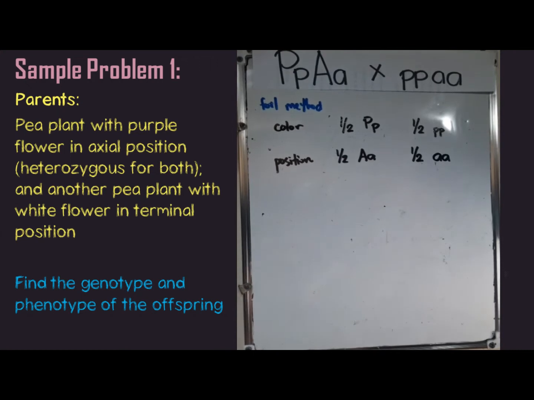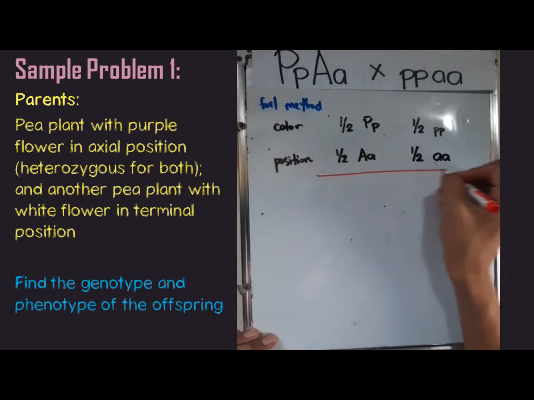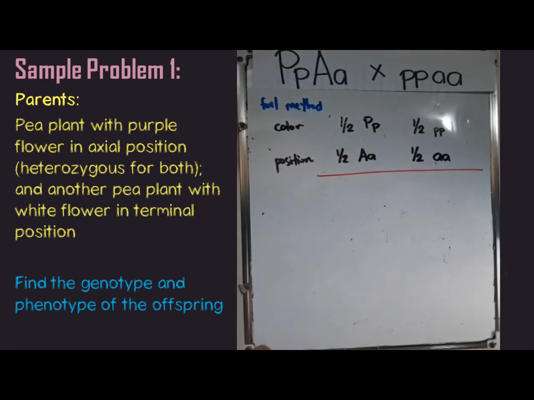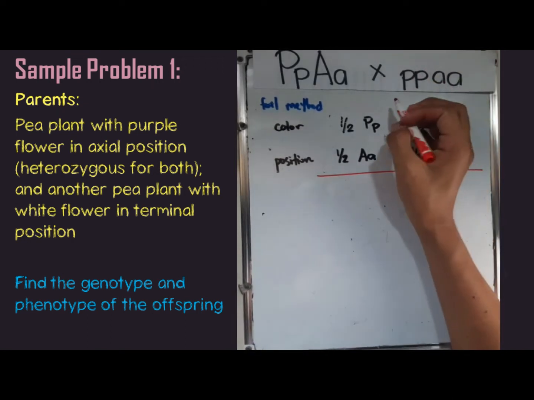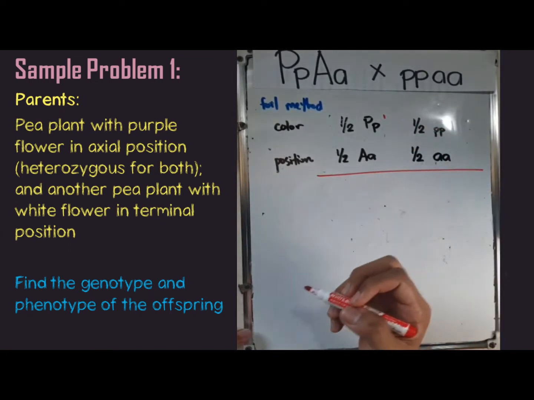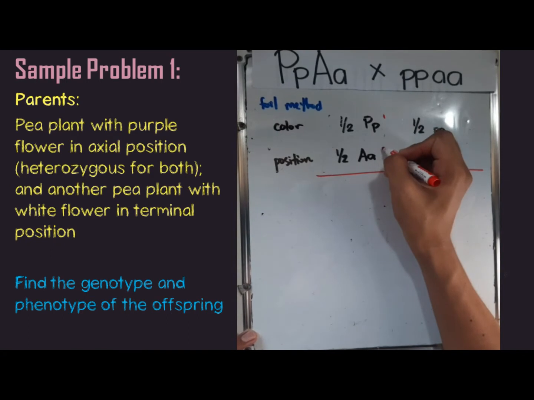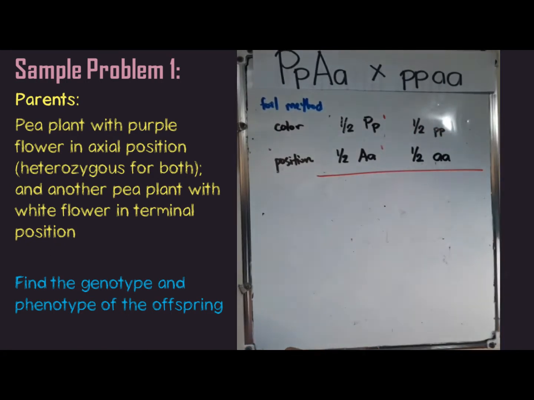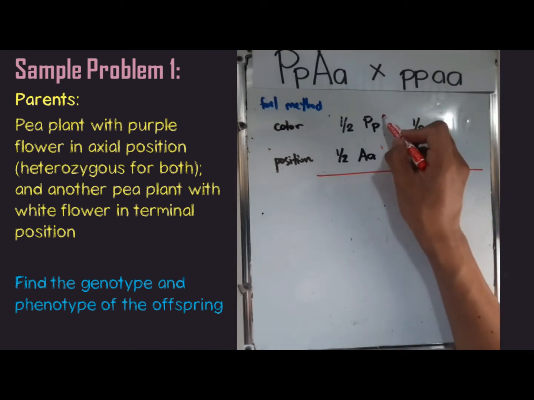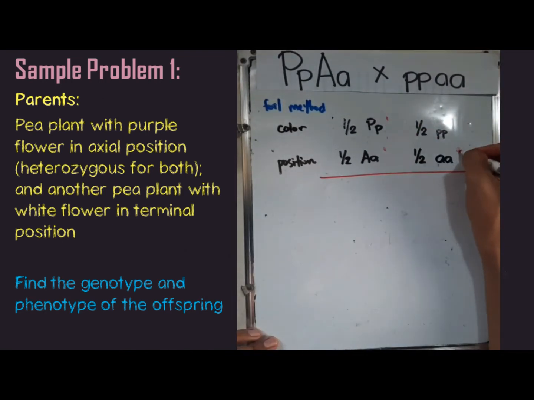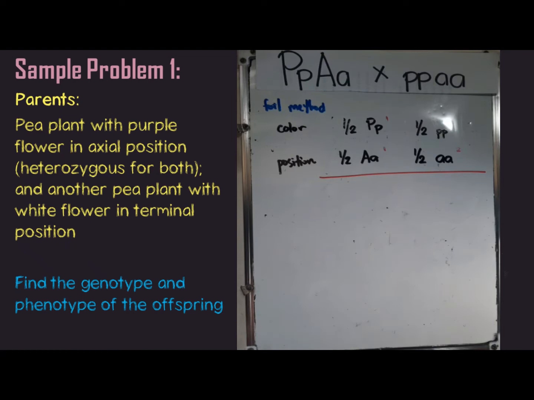Then we do the multiplication or the product method, in which the very first term of the first trait is multiplied with the very first term of the second trait. Then, for the second part, we cross the very first term of the first trait with the second genotype of the second trait.